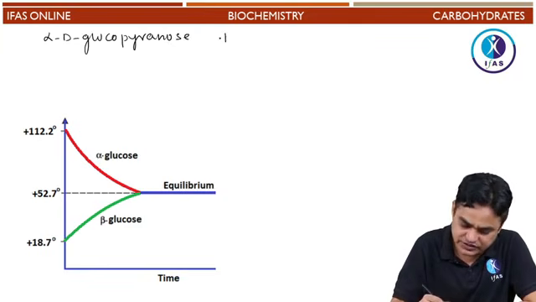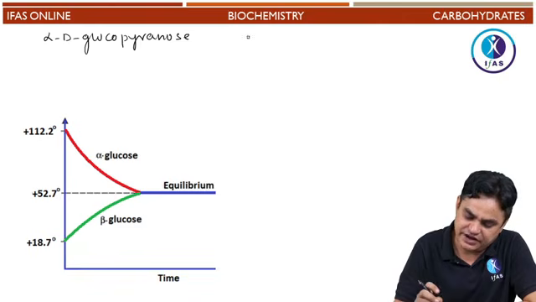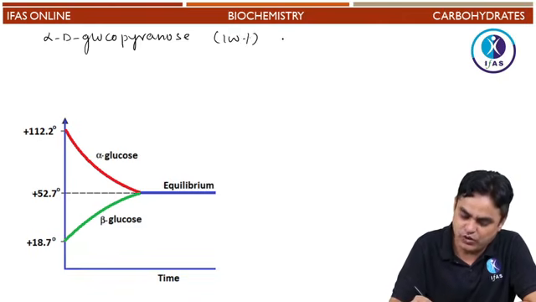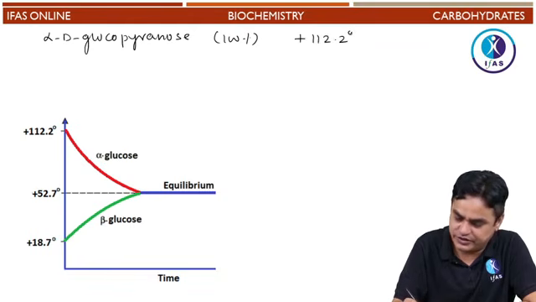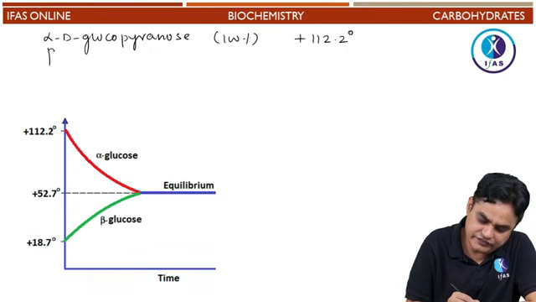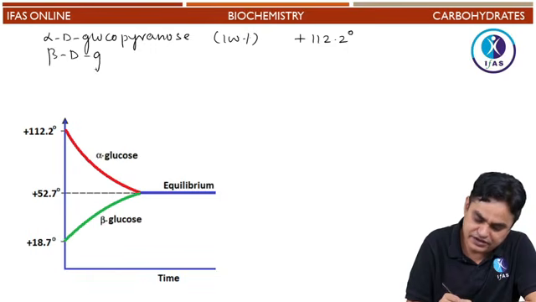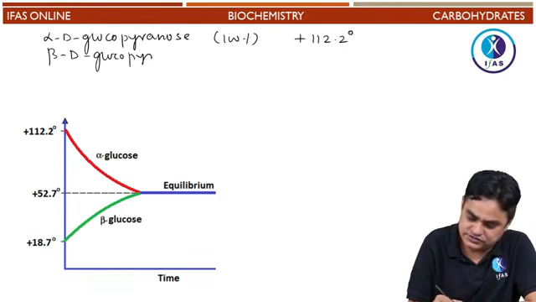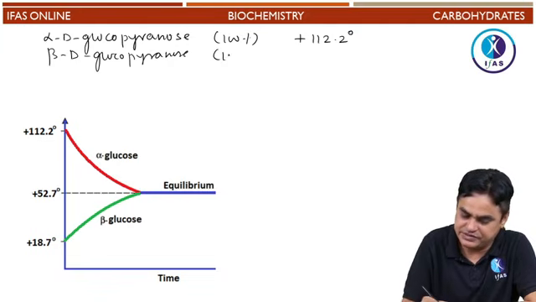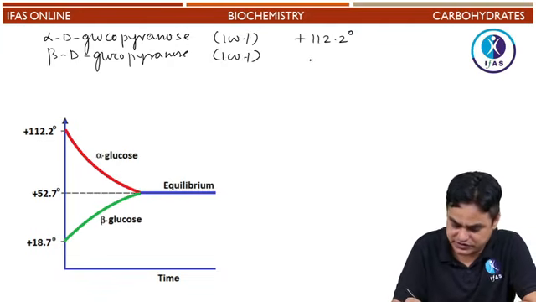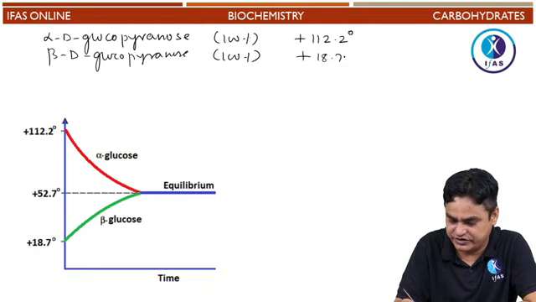If it is 100% this form, if it is pure, its optical rotation is plus 112.2 degree. And if it is 100% beta D glucopyranose, if it is this form, its optical rotation is plus 18.7 degree.